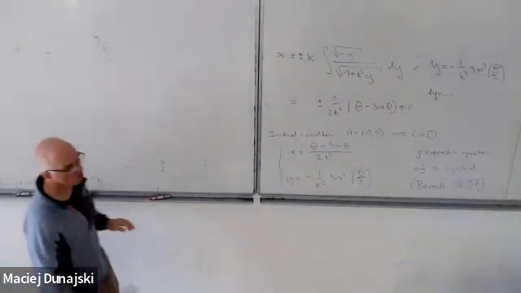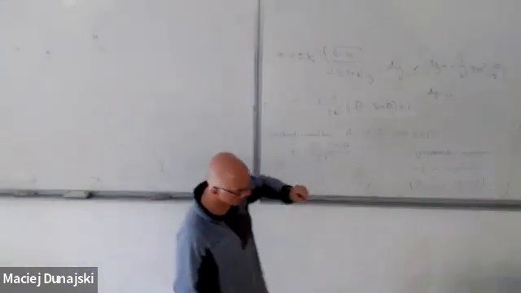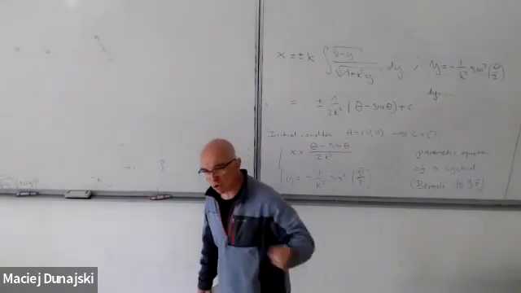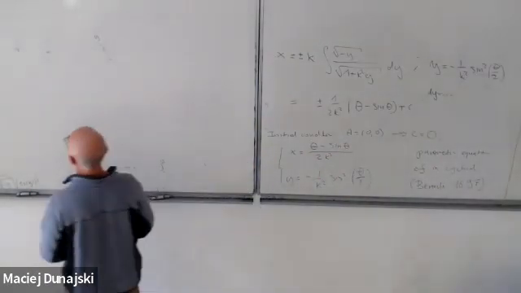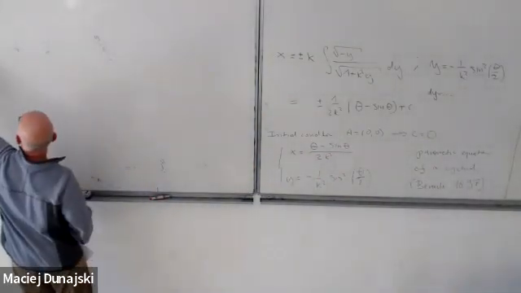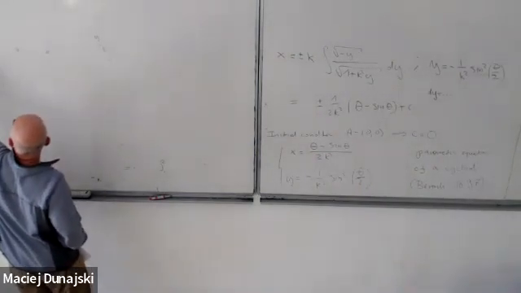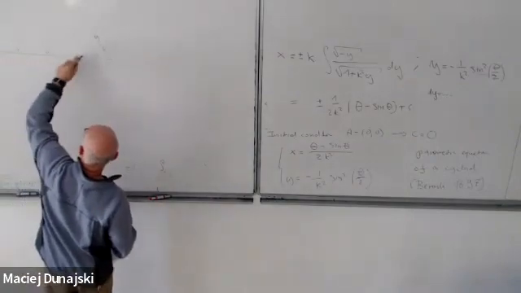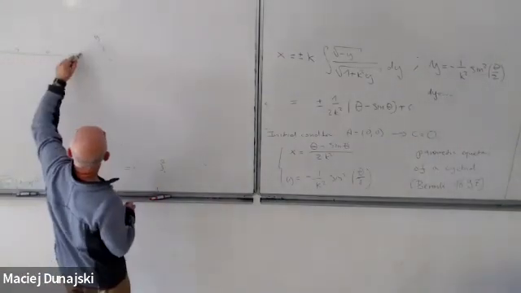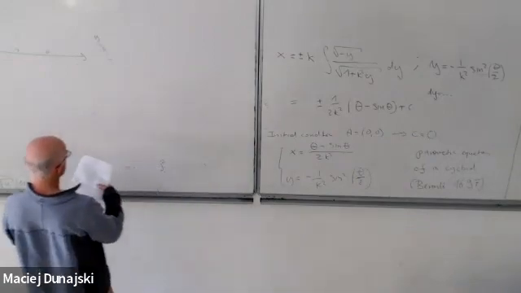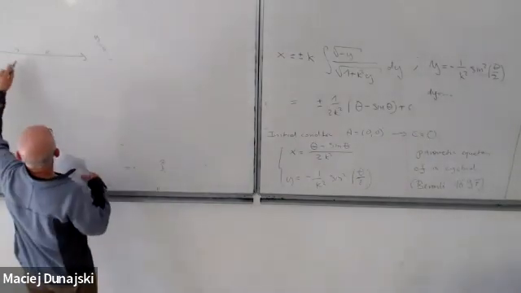A cycloid is a curve which is traced by a fixed point on a circle when this circle rolls without slipping over a line. Let's draw it as we did before. And now let's imagine a circle.